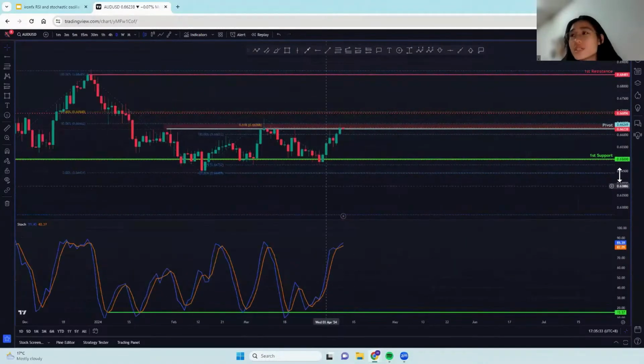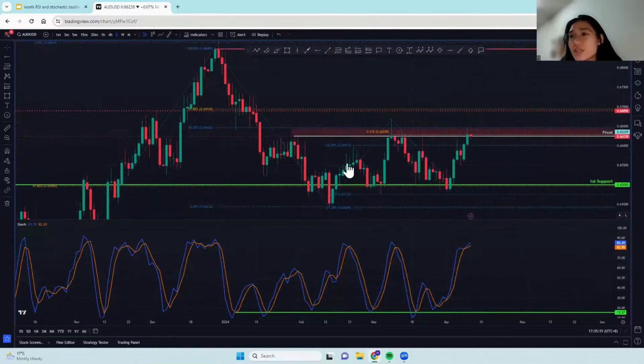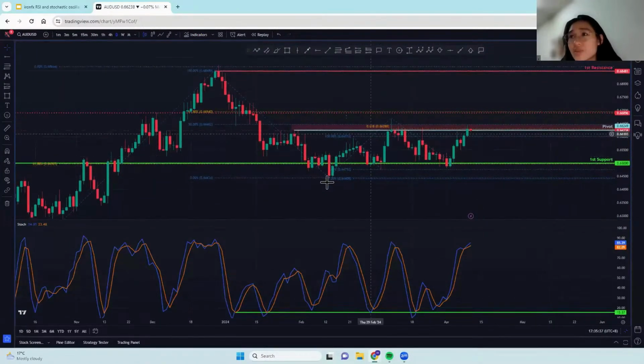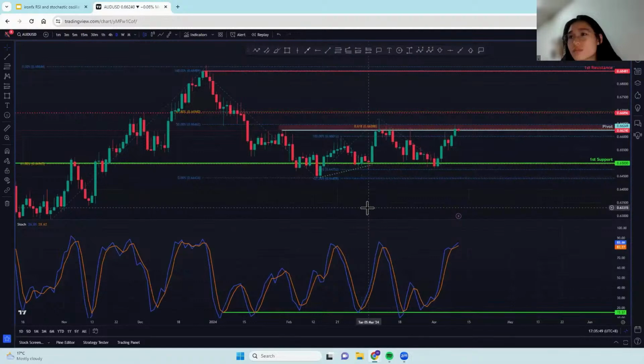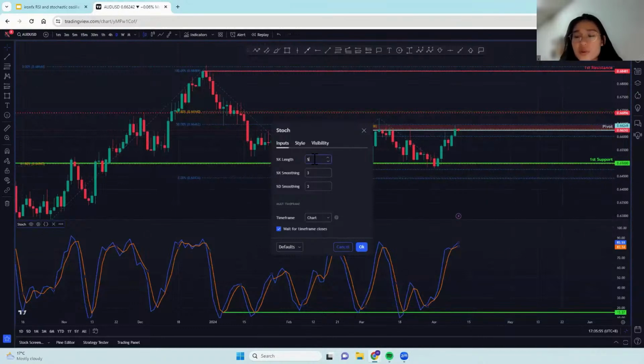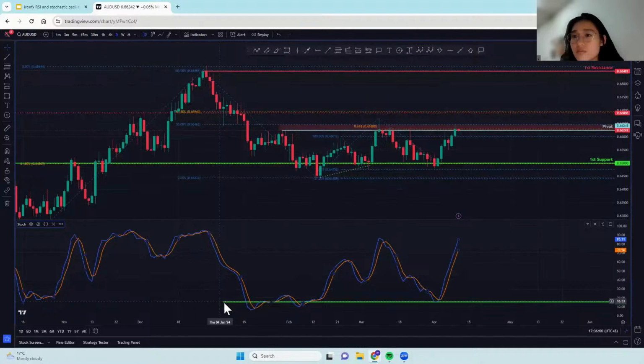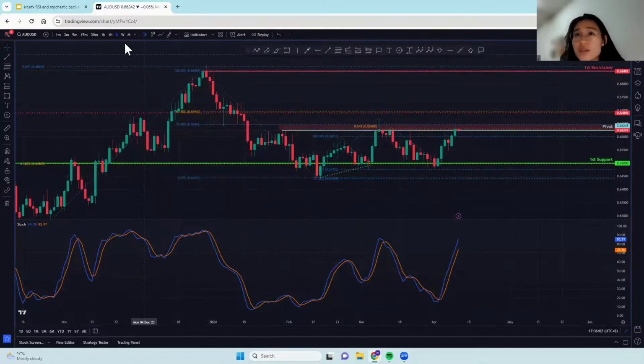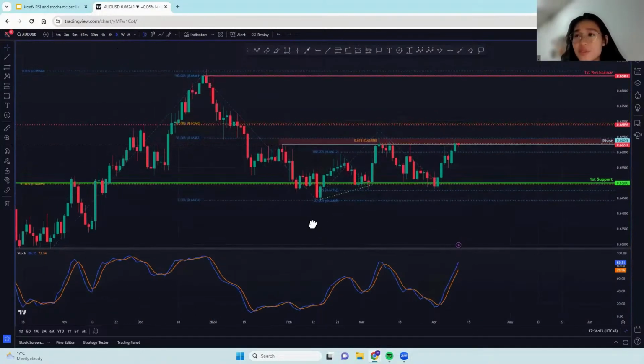So basically when price is making a higher high like we see here, just a second, I might change this back to 21, reason being my time frame is daily time frame.